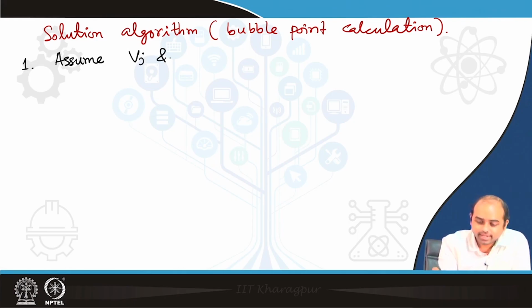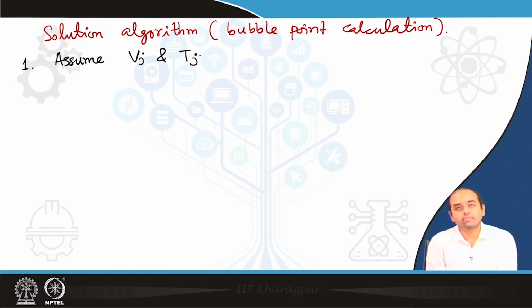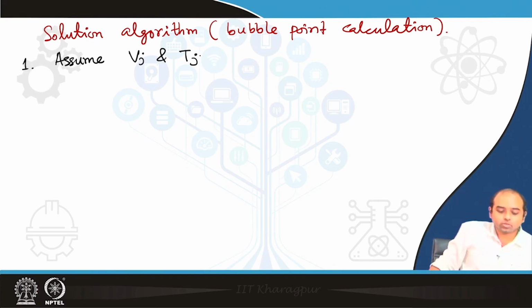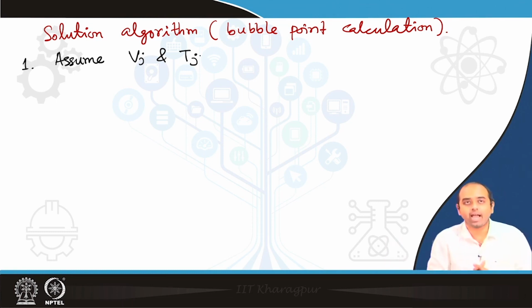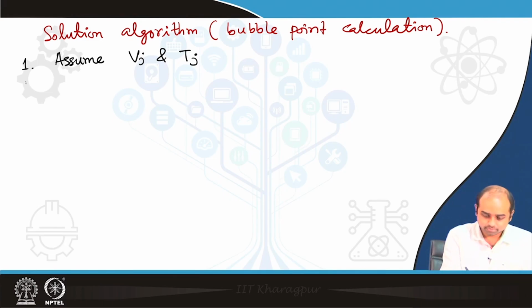So Vj and Tj are the tear variables for this problem, right? Of course you need not assume both of them, but it is often helpful if you assume both, because at least one of them needs to be assumed: out of Vj, Lj, Tj and Pj you have to guess one of these values. So we are considering that you guess two values to begin with.